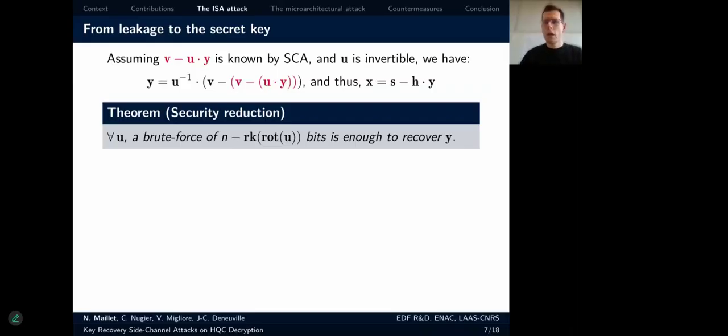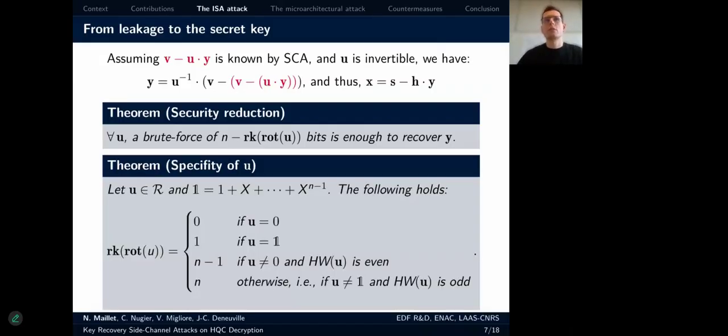So this could be really useless if this value is really high, but it could be really interesting if this value is low. So what we are showing next is that the rank of the circulant matrix of u can only take 4 values: 0, 1, n minus 1, or n. And in fact, the 0 and 1 values nearly never happen.